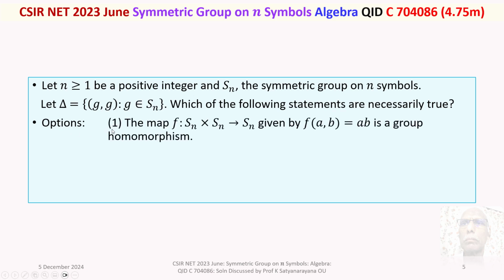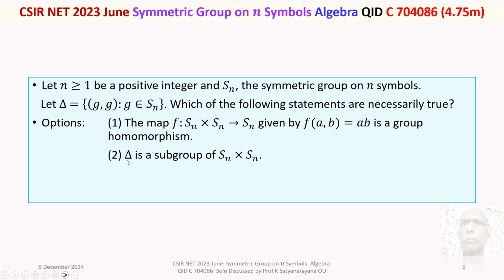Option 1, the map f from Sn cross Sn, this is the direct product of two groups, from Sn cross Sn to Sn, given by f of the ordered pair (a, b) is equal to ab, where a, b belong to Sn, is a group homomorphism.